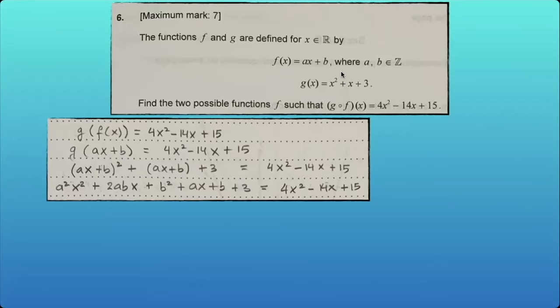Here we have x squared becomes ax plus b all squared. Here we have x, so that becomes ax plus b plus 3. We expand ax plus b all to the power of 2 to get these, plus ax plus b plus 3.